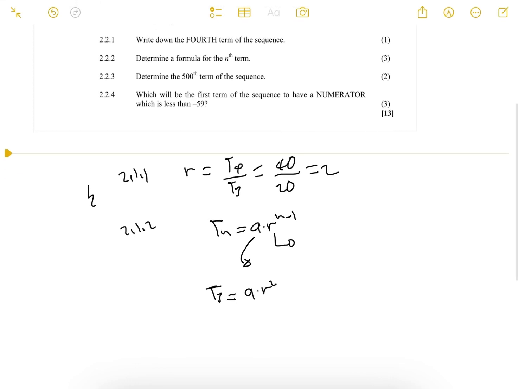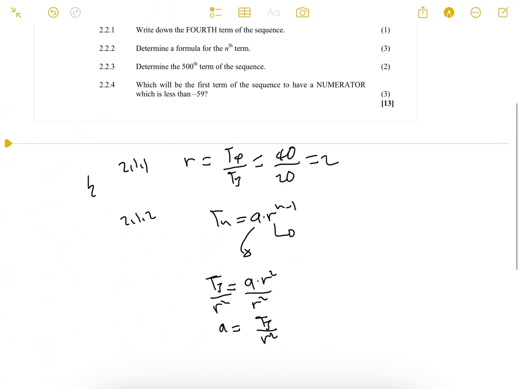Okay, and then from that, divide both sides by R. We get that our A is equal to T3 over R squared. And here, for example, let's say maybe we're dealing with T20. Therefore, our A will be T20 over R to the exponent 19. So yeah, they always differ by 1.